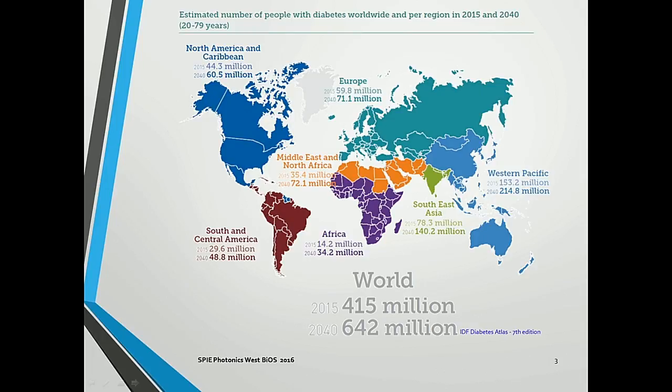Shortly, I will describe what diabetes is for modern human civilization. It's a real high risk. At the moment, a year ago or less, the world population had 415 million people diagnosed with diabetes.